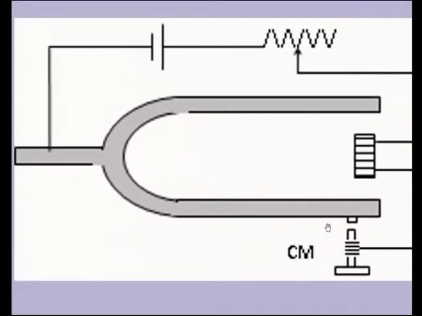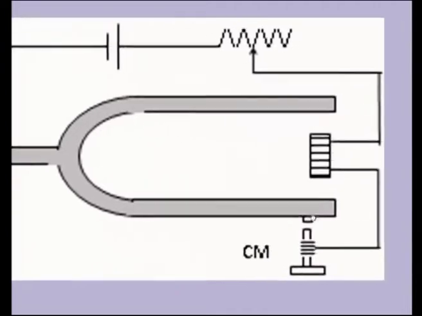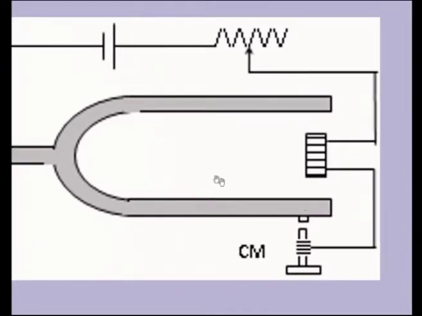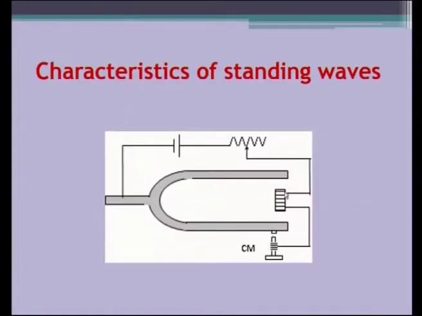Actually, the tuning fork is not mechanically made to vibrate, it remains stationary, and when we switch on the circuit, the current passes through the electromagnet. The electromagnet attracts the two prongs towards it, and thus the contact is broken. Once the contact is broken, current is cut off. Once again the prongs will come back, make contact, and again it will get magnetized. So, this vibration continues in the circuit.